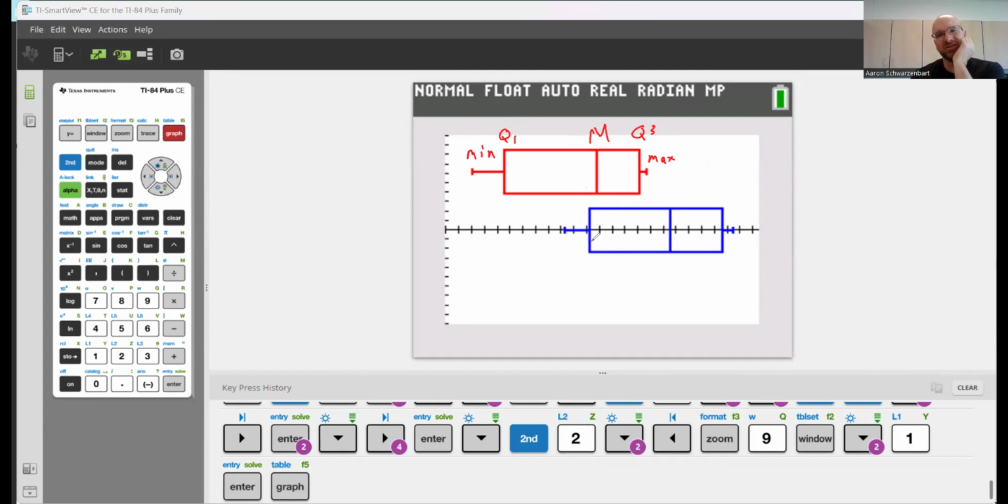Everything is higher for the females. Higher minimum, higher Q1 is almost up at the median for the males. The median for females is above the max for males. So those are the important lines. You can use these to compare, okay? Side by side or stacked box plots are helpful and useful.